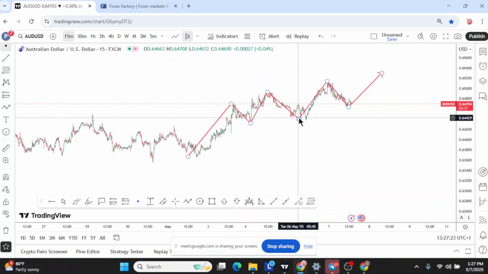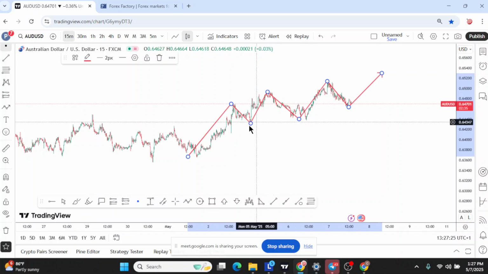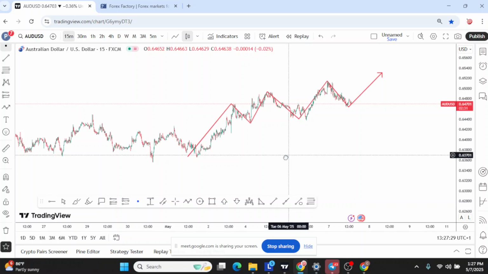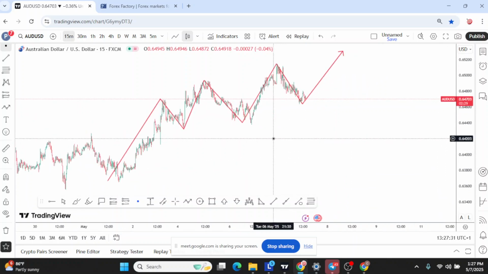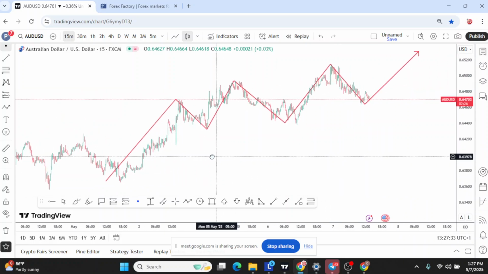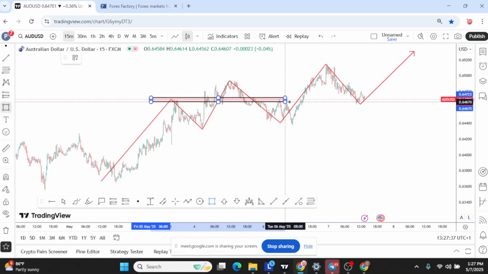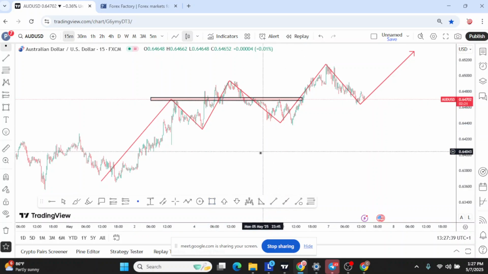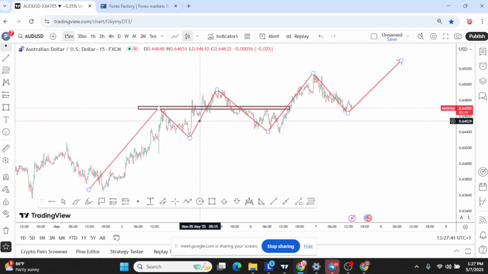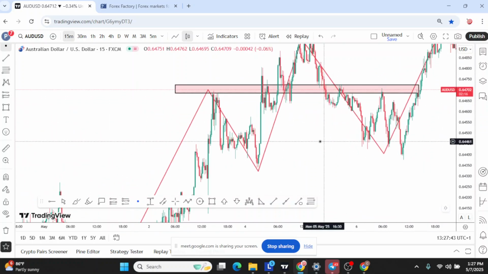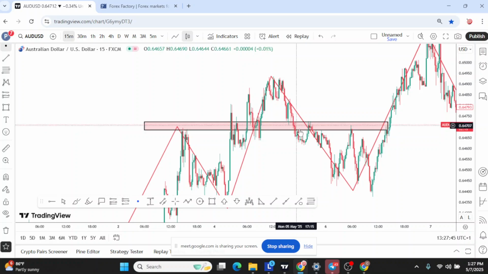So now that we've identified the trend, how do we take a buy trade? What I explained just now is that we make use of the previous high. This is the previous high right here. Now we expect this price to pull down here and push up, but price didn't do that.